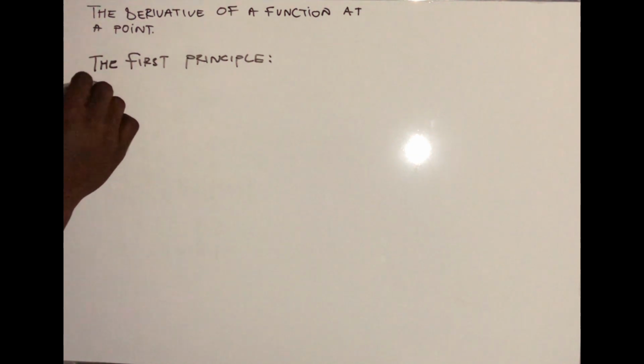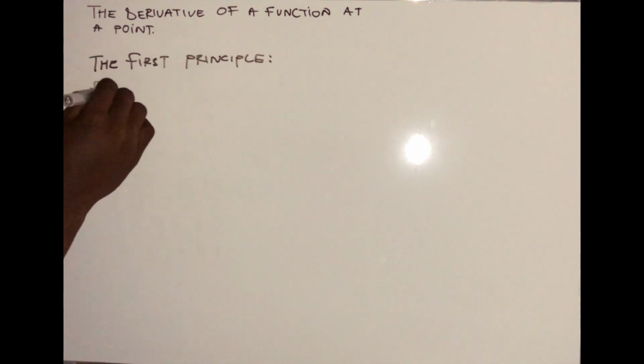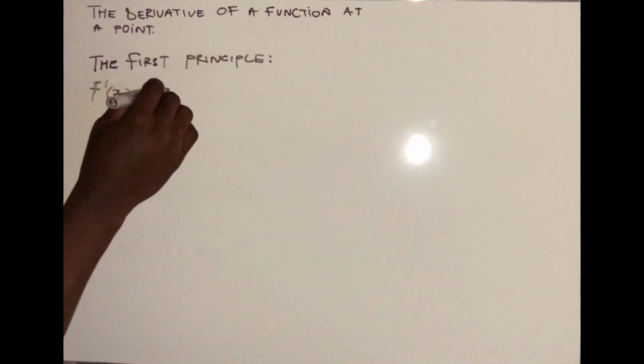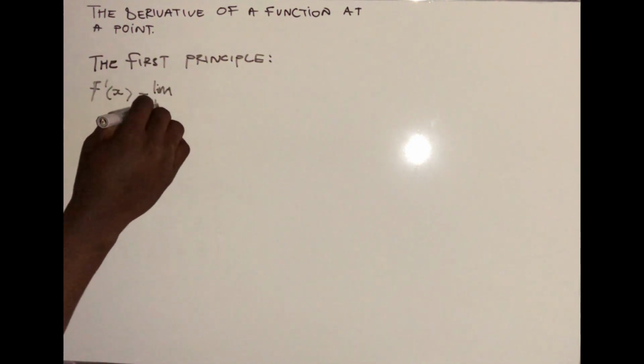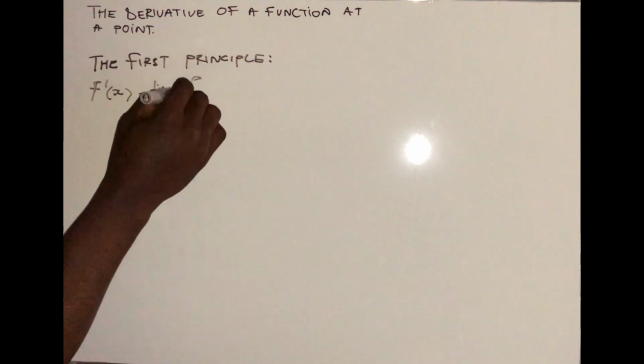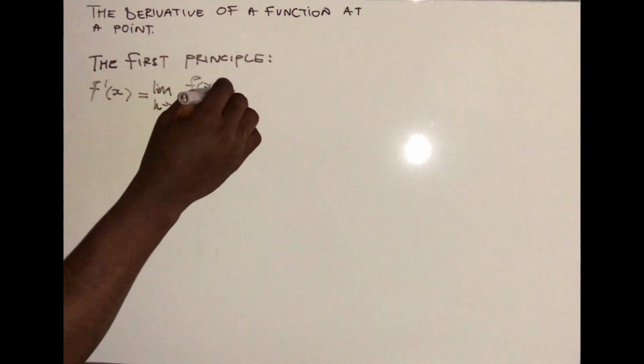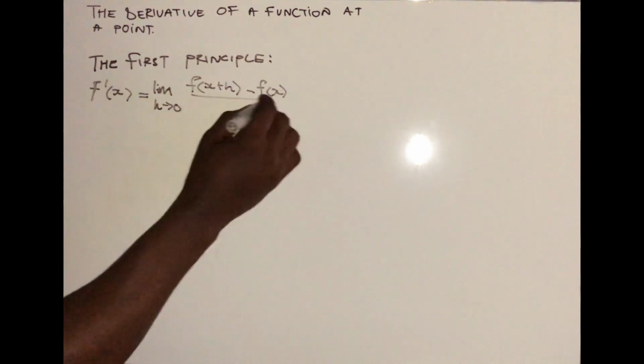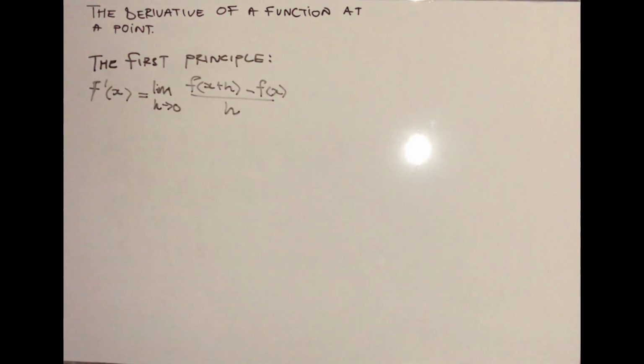It states that f prime of x is equal to the limit as h approaches 0 of f of x plus h minus f of x over h. So this is the first principle, and this formula you will be given on your formula sheet, so you don't have to stress about it, as I've said.